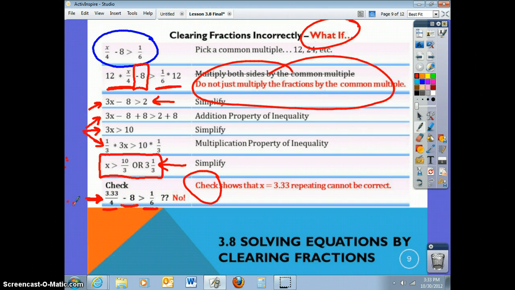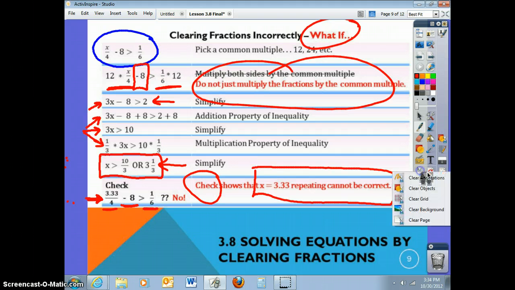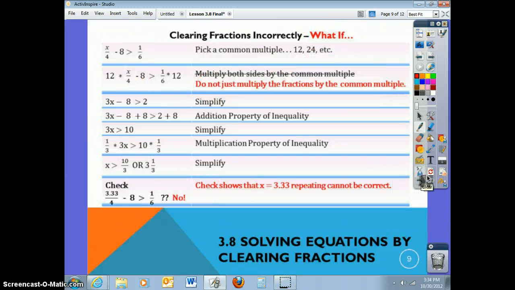That doesn't make any sense. 3/4 minus 8 is something like a -7 something or another, right? So our check shows that the fact that we did not multiply the 12 by every single element of that equation messed the whole thing up, okay? So when you do that common multiple, make sure you multiply by everything, not just the fractions.